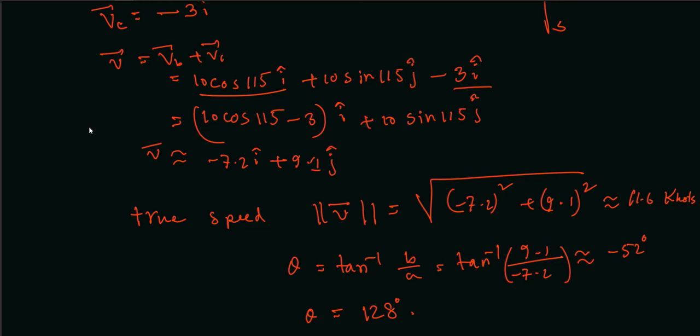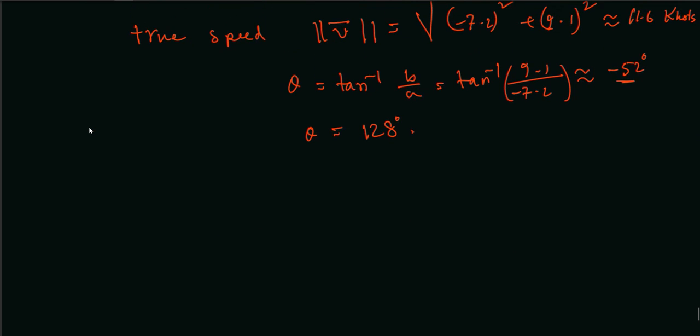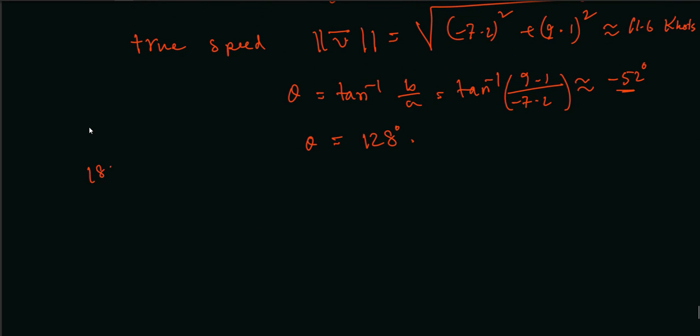How did I get this value? I subtracted this calculated value from 180 degrees since it's in the second quadrant. So 180 degrees minus 52 degrees equals 128 degrees. We need the direction angle to be positive.